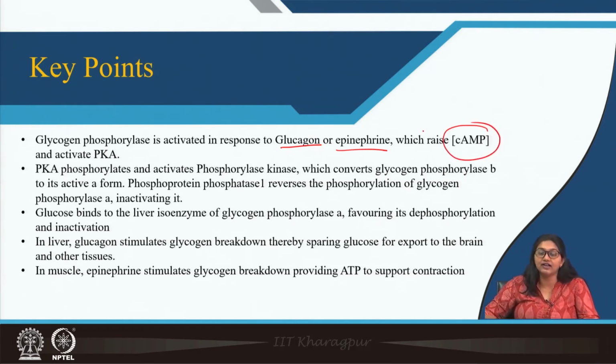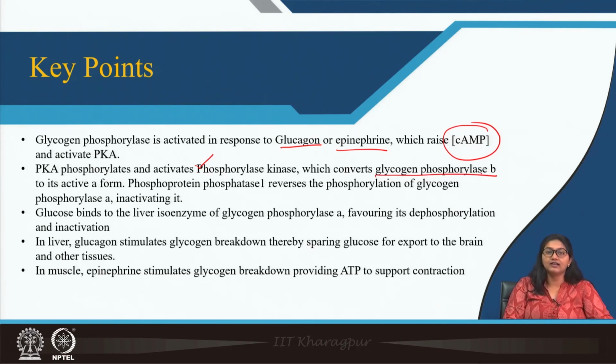Cyclic AMP activates cyclic AMP dependent protein kinase A. Protein kinase A phosphorylates and activates the phosphorylase kinase. Activated phosphorylase kinase activates glycogen phosphorylase, forming glycogen phosphorylase A, and this causes breakdown of the glycogen molecule. Similarly, the enzyme phosphoprotein phosphatase 1 reverses this phosphorylation in glycogen phosphorylase and inactivates it.